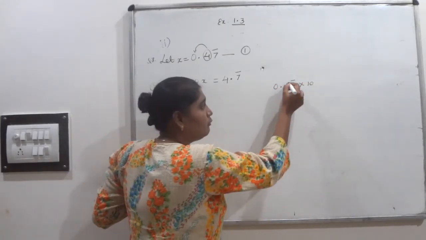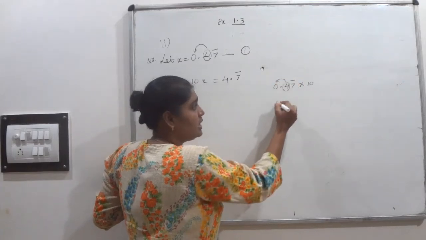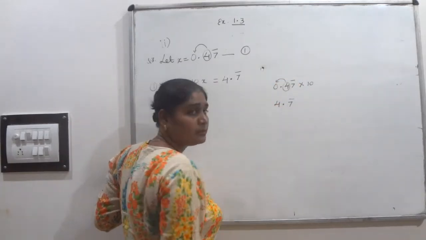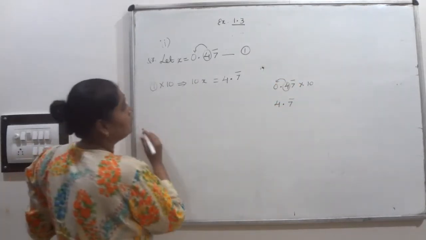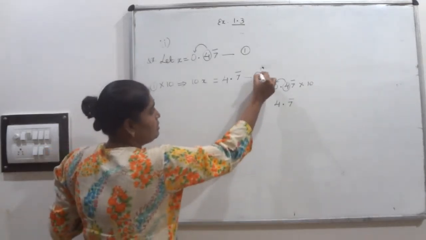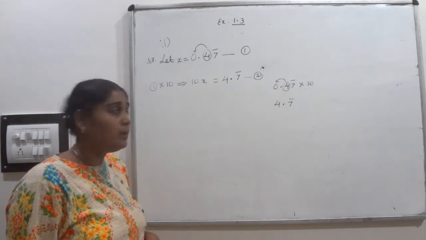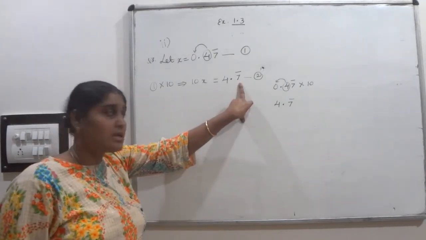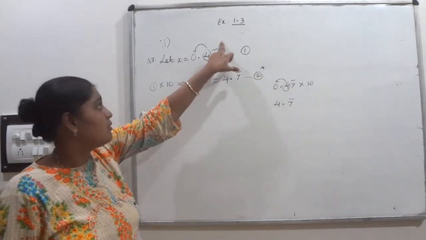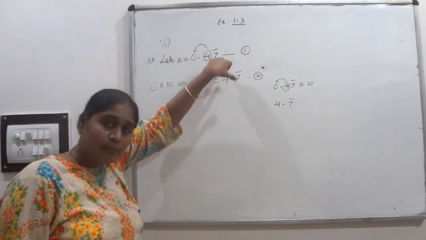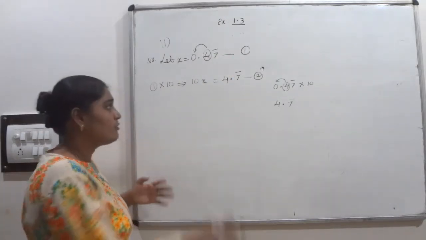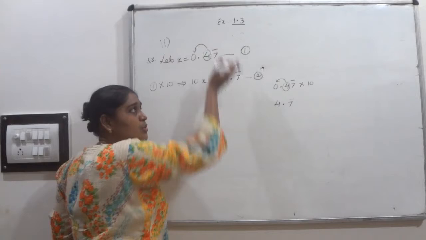The 4 is shifted to the whole number side, so 4.7 bar. I mark this as equation number 2. Now check the decimal parts. Are they equal? Here 7 bar is there, and in the first equation 7 bar is there. So both are not equal, so we can't subtract these two equations.